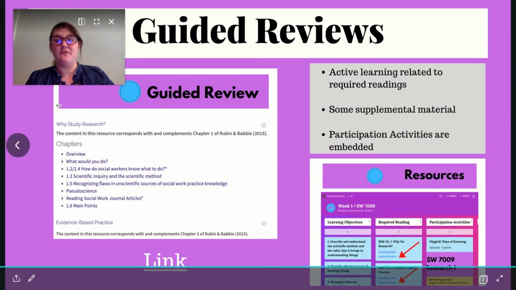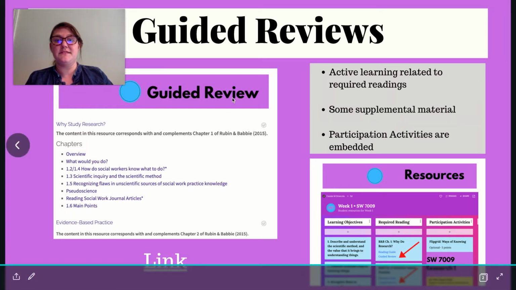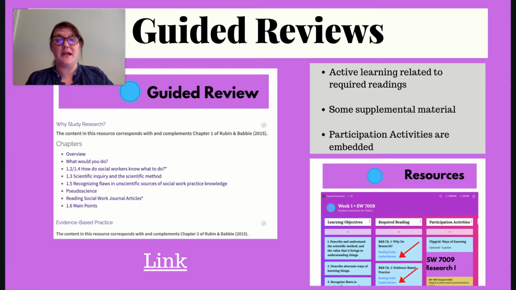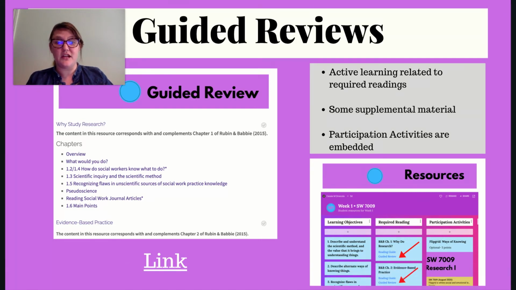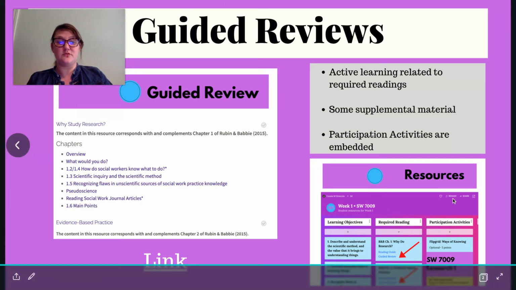So if you look over here, this is what the guided review section looks like on your week page on Moodle. One place where you can also find the guided reviews and figure out what required readings go along with the different guided reviews is on the resource page.